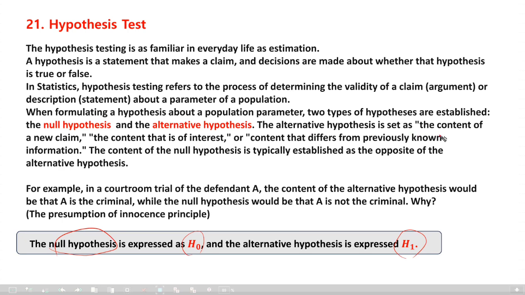The alternative hypothesis is the contents of a new claim that is of interest, and contents that differ from previously known information, something like that. And the contents of a null hypothesis is typically established as the opposite of the alternative hypothesis. You get it?